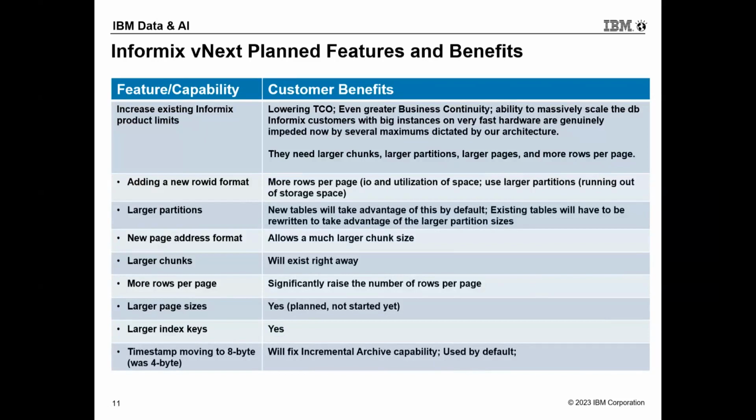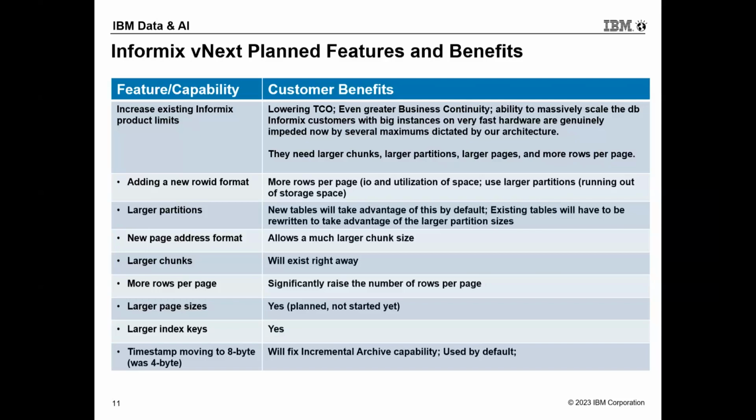The idea is to increase the existing Informix product limits, to lower the total cost of ownership with even greater business continuity and an ability to massively scale a database. Customers with big instances on very fast hardware are generally impeded right now by several maximums dictated by our architecture.